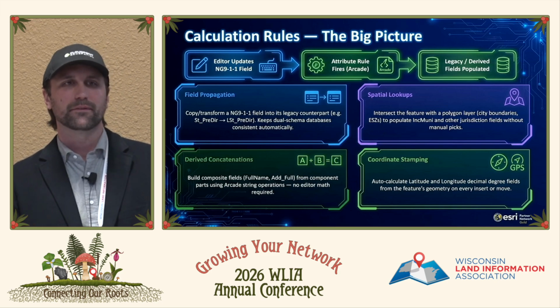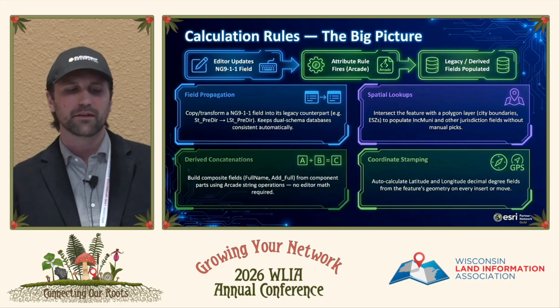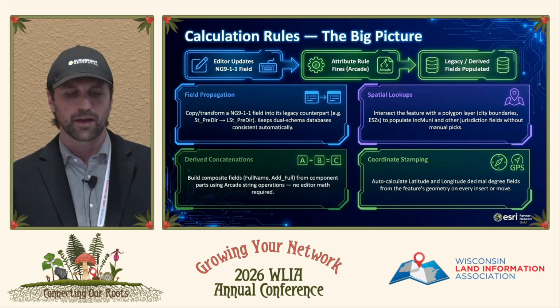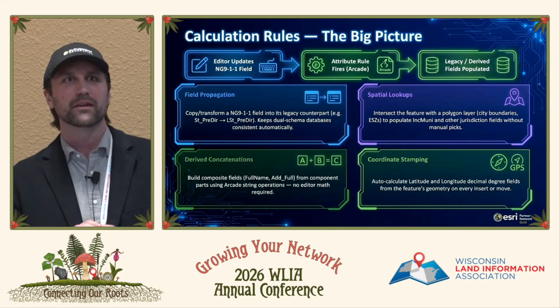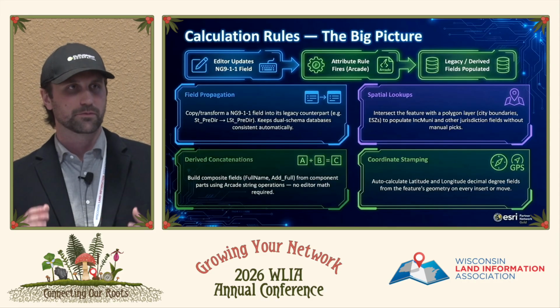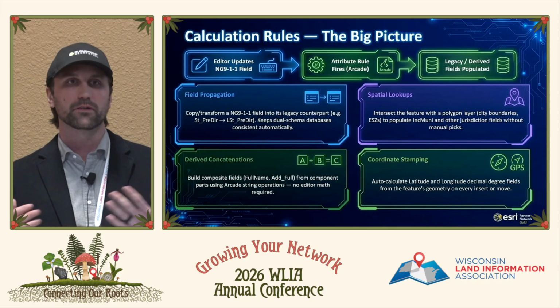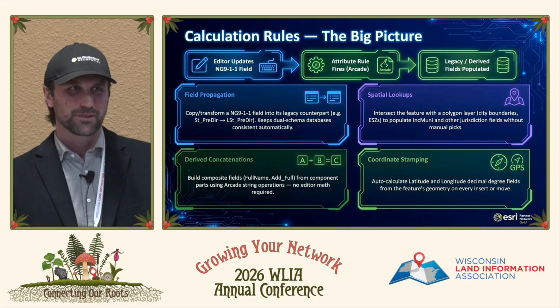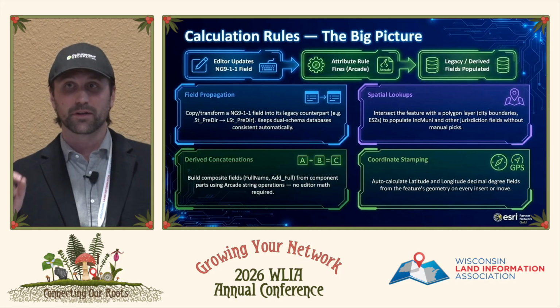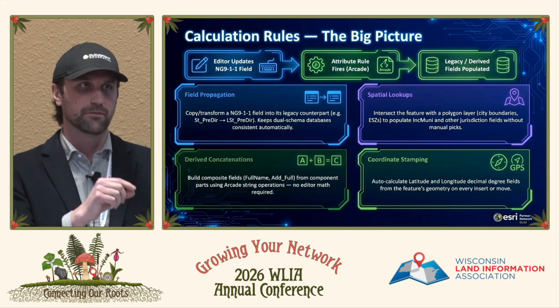This is currently the most limited, but very, very helpful. Currently you can have an attribute rule that populates the latitude and longitude of an address point. The big asterisk there is that it's running off of the coordinate system of the underlying database.